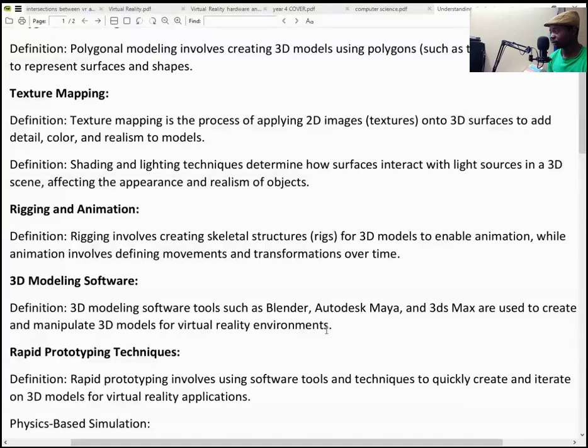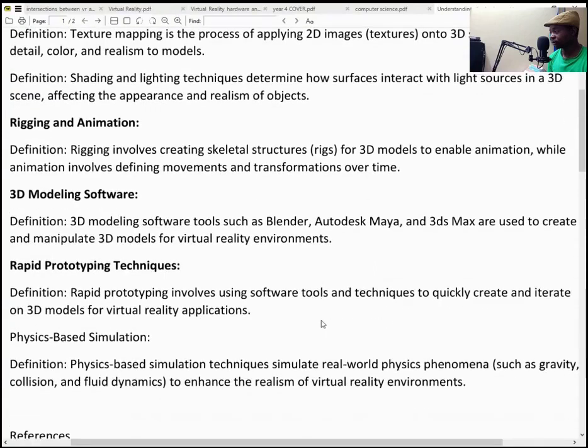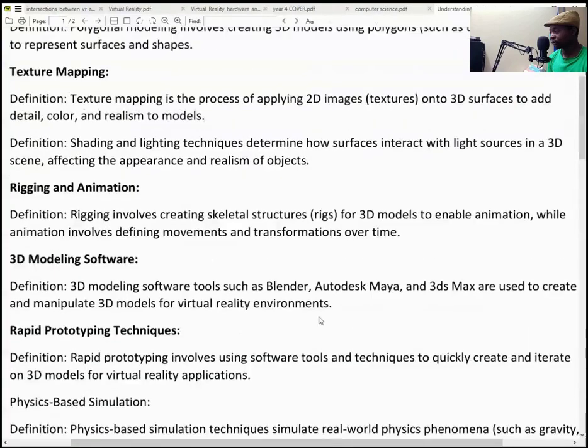We also need to know there is one major technique known as rapid prototyping, which involves software tools and techniques used to quickly iterate on 3D models for virtual reality applications. It is important to know these elements, and these are the driving force behind what we call virtual reality.